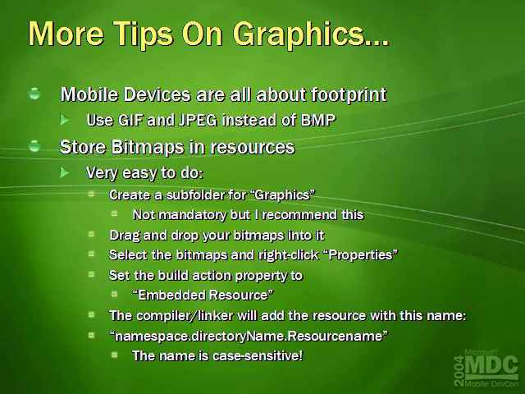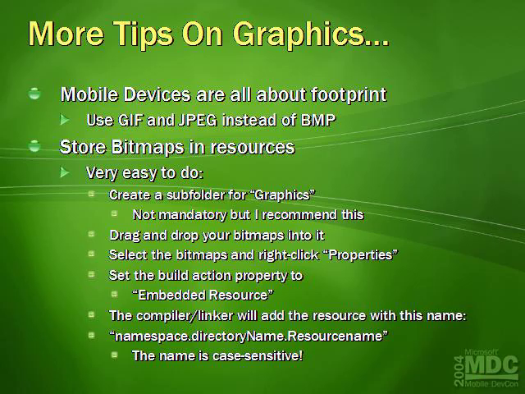More tips on graphics. I told you about footprint earlier. In the native app space, when you added a resource, it was always stored in your application as an uncompressed bitmap. It took up a lot of space. Now with managed code, you can use JPEGs, GIFs, or PNG files as well, and they're way, way smaller.